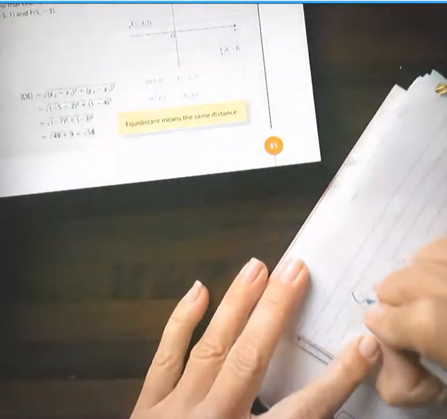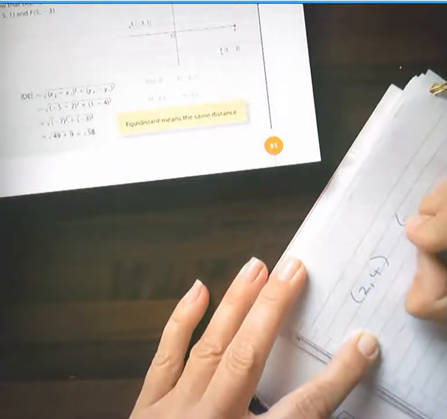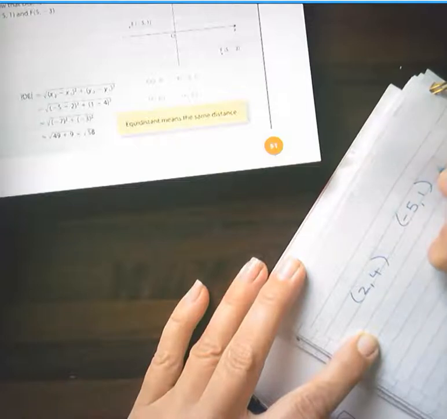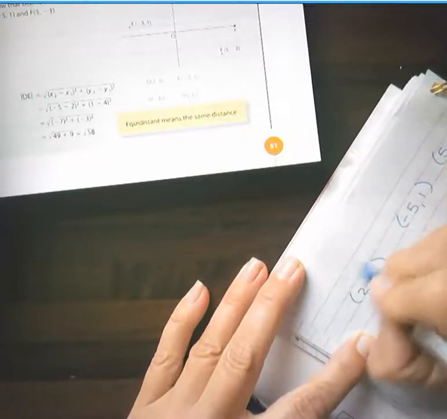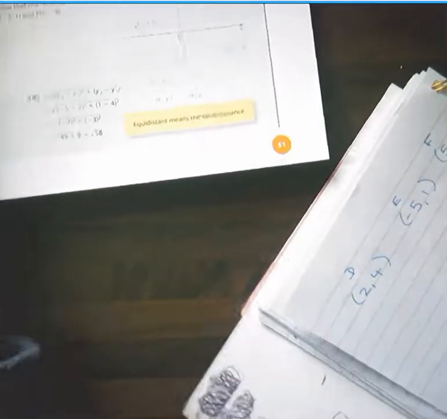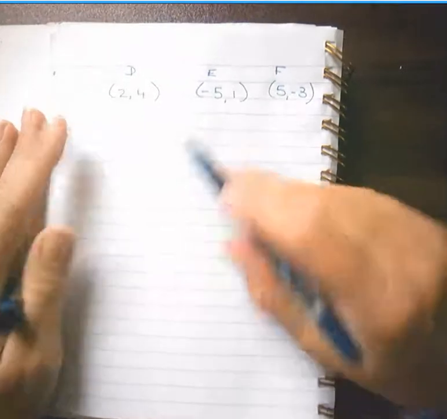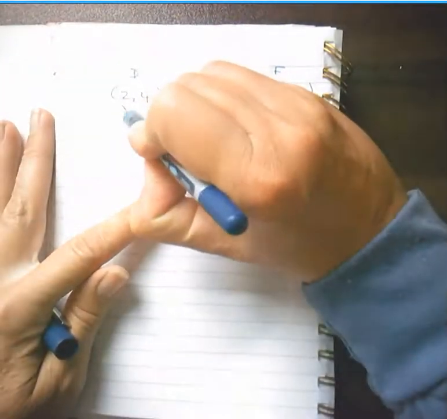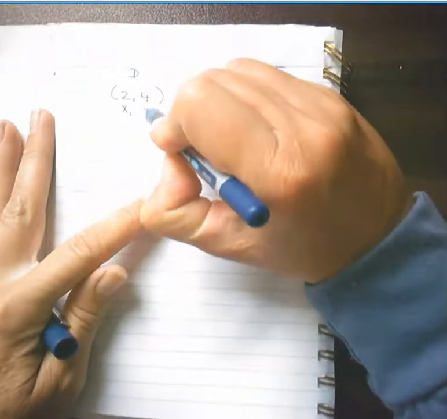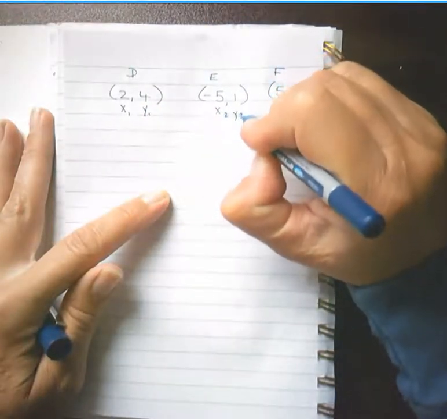So I have 2, 4, minus 5, 1, and 5, minus 3, and that's D, and that's E, and that's F. Okay, so there are my points. I want to get the length between them, or the distance. So method is label your points. So you can only do 2 at a time. So that's x1, and that's y1, and that's x2, and that's y2.